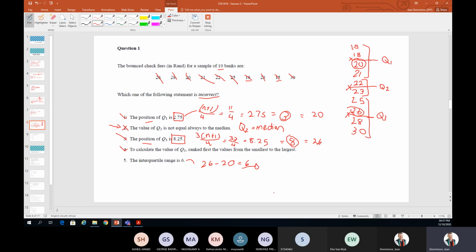And the problem that I have with the interquartile range is there are different ways to calculate that value. And what I've seen with a lot of the assignments and exams, nearly every time they round the bottom one, so they round it off to the nearest full value and use that value.